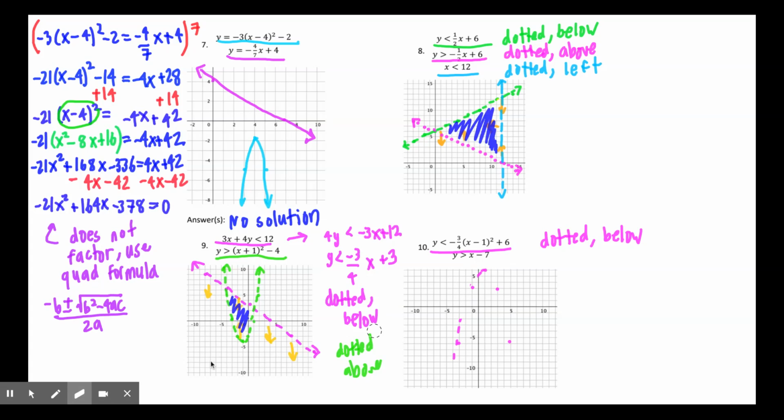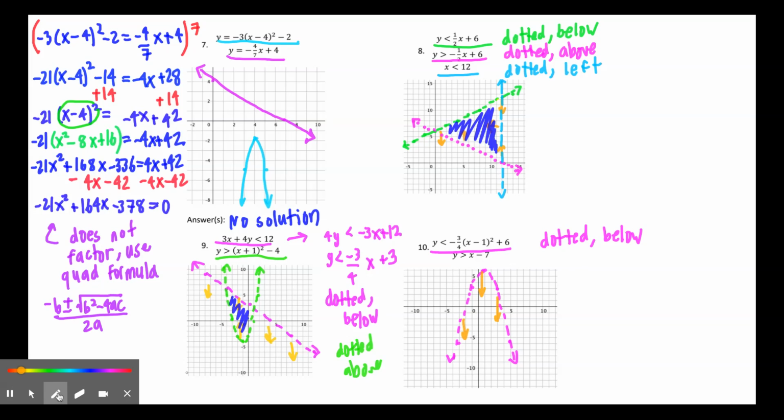I wish there was an undo button on this thingy. And so below is like this.